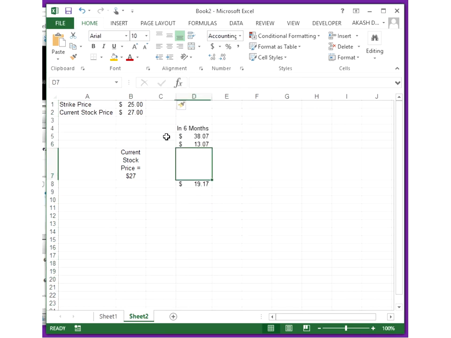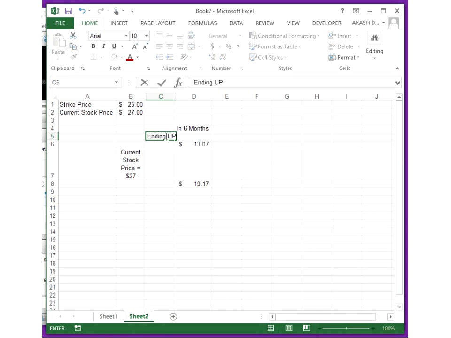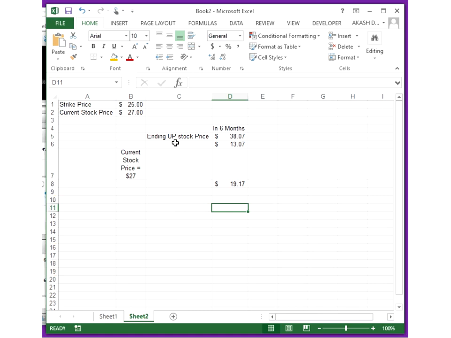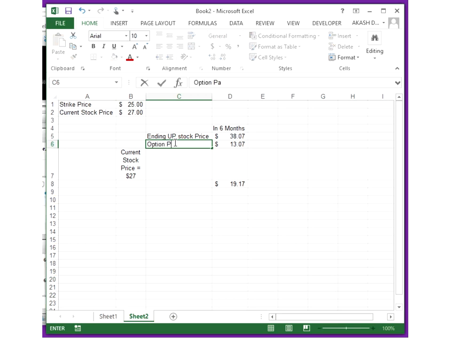Okay, so this is the ending up stock price, and if that possibility were to happen, what would be the option payoff, which is CU.